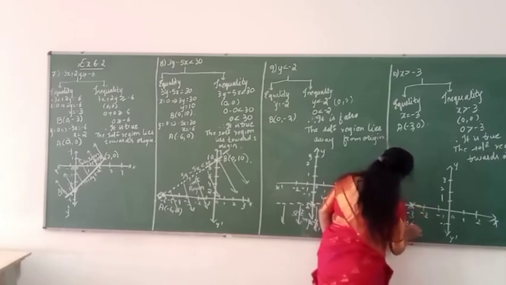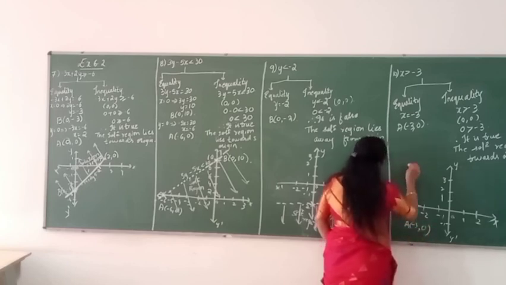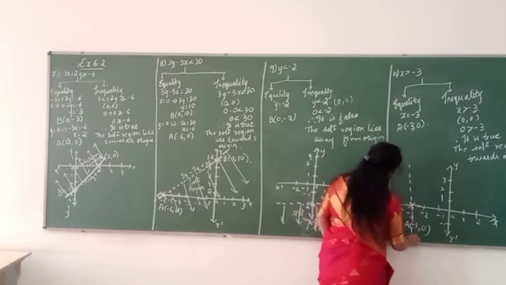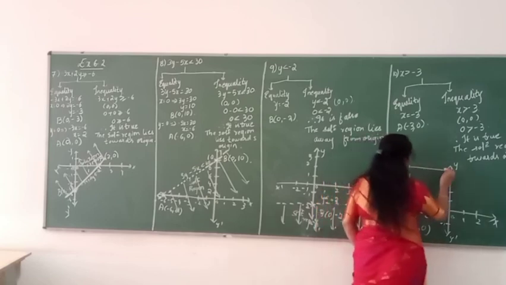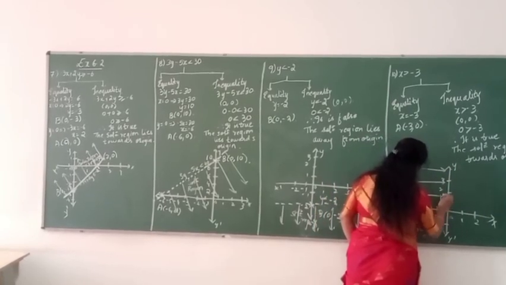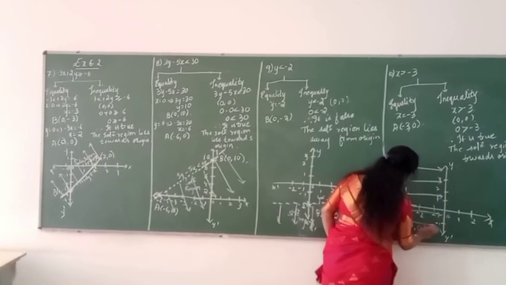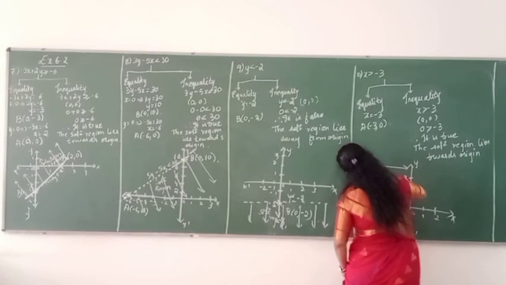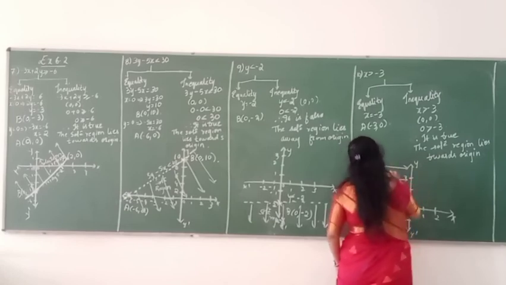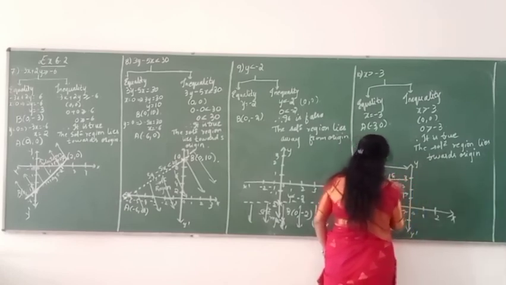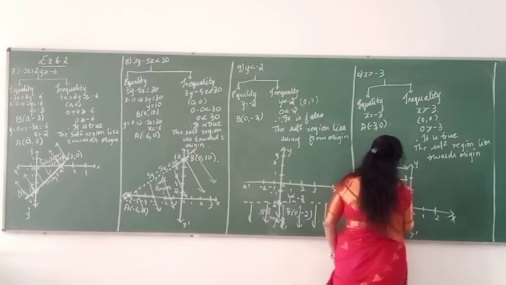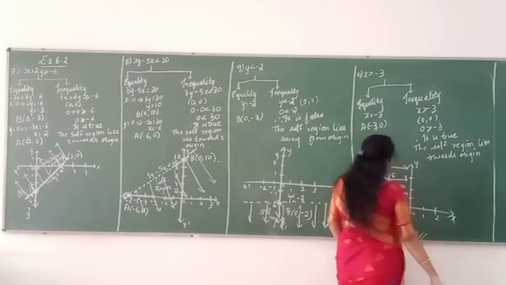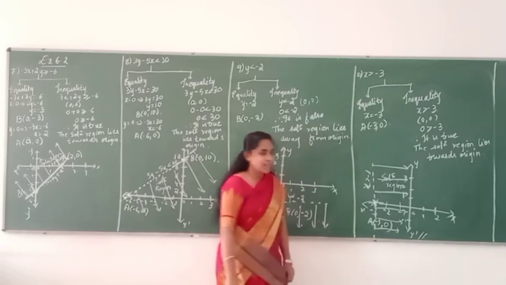I will write it as the coordinate (minus 3, 0), and it will be a dotted line. And as the inequality states, it is true, so it will move towards the origin. So this is x is greater than minus 3, and this is your solution region. This is the solution of the last problem.